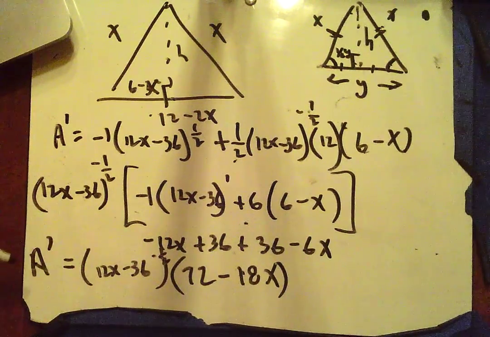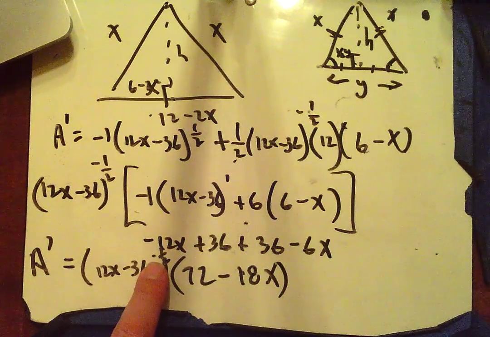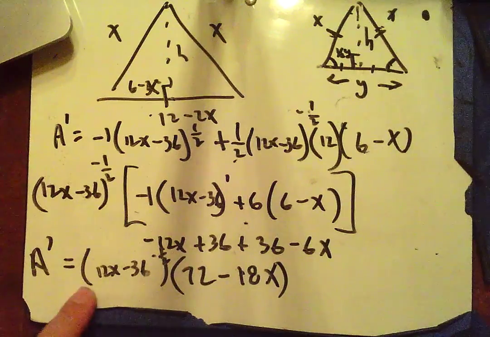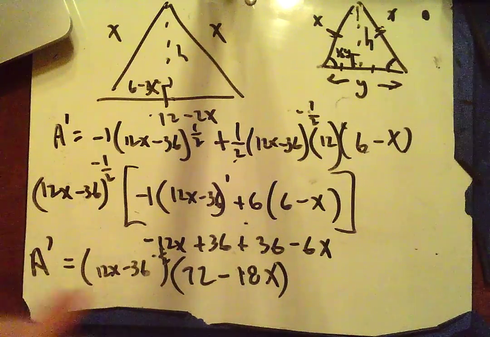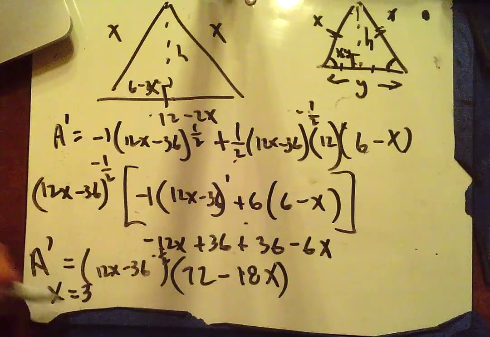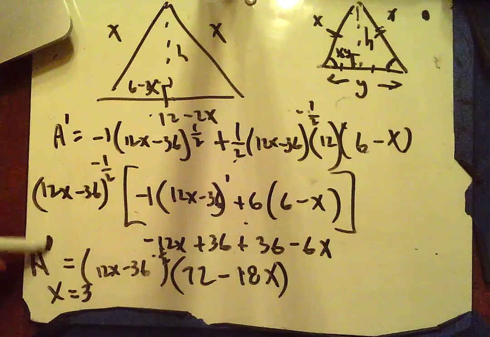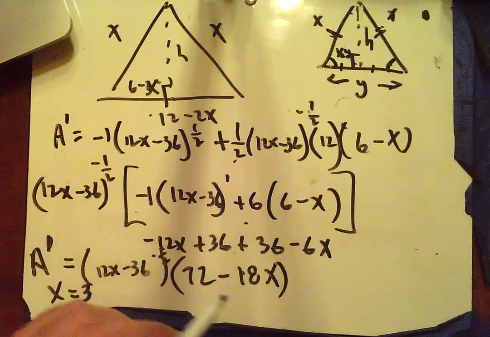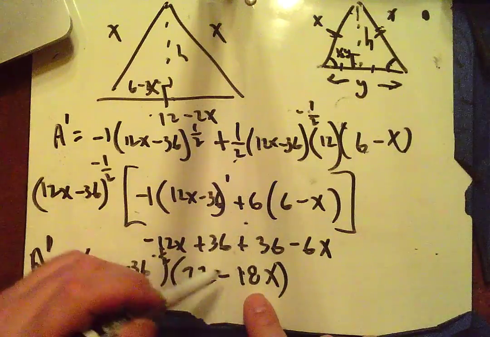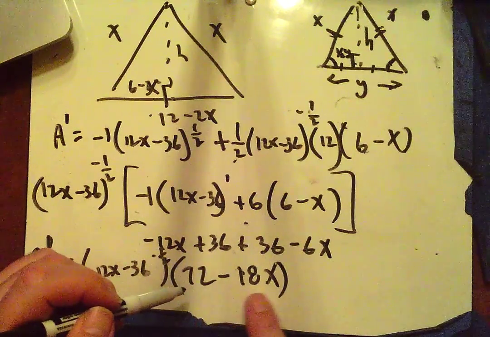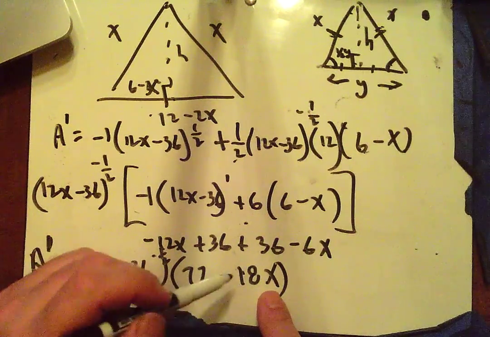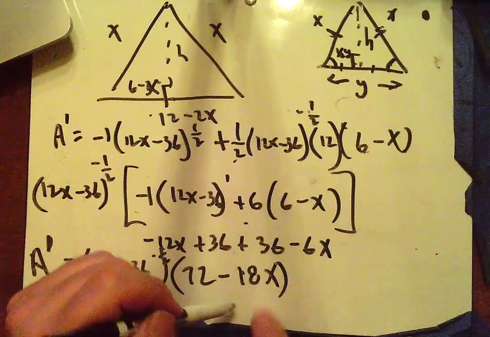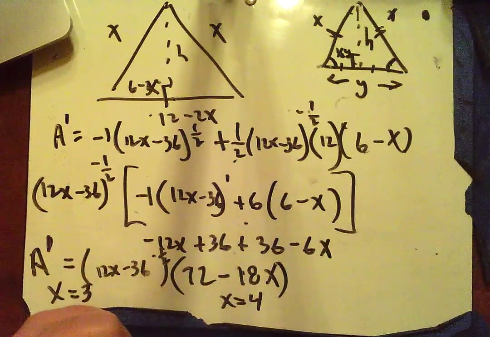So there's A prime. Now, this is when the derivative is undefined, right? See that negative exponent? That means that's in the denominator. So I know that the derivative is undefined when x equals 3. And here, ooh, I get 72 minus 18x equals 0, which means 18x equals 72, or x equals 4.